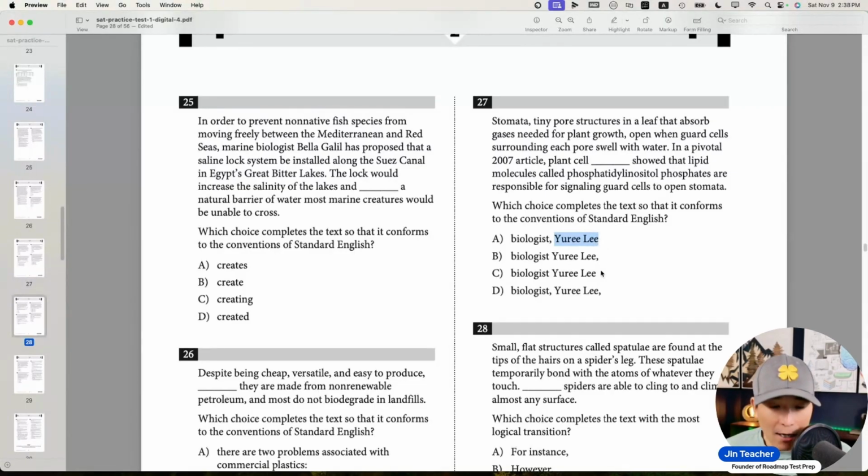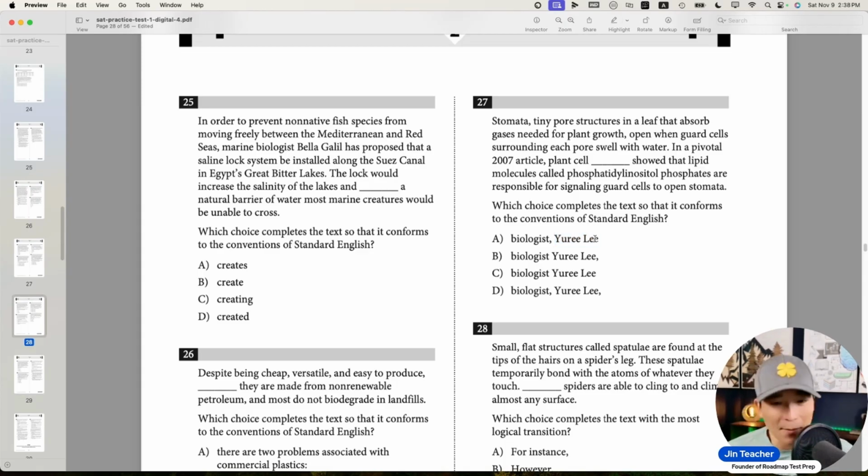The second noun is what is called the appositive. So Yuri Lee is the appositive here. The appositive is the second of two noun phrases when they appear back to back like this. The job of the appositive is to describe or to clarify the first noun. So it just kind of tells you who or the name of this plant cell biologist, right?